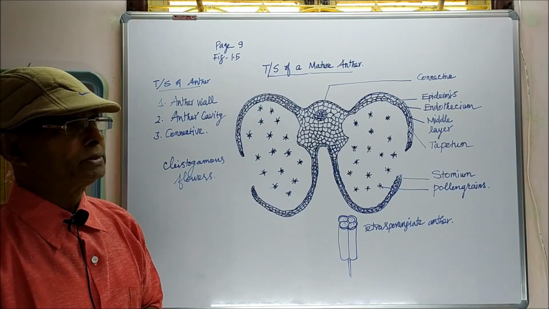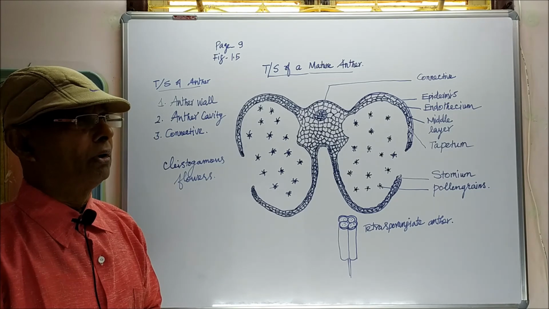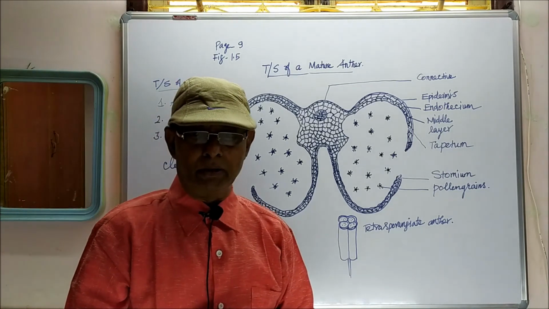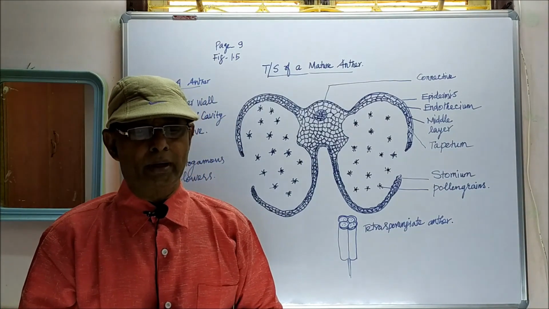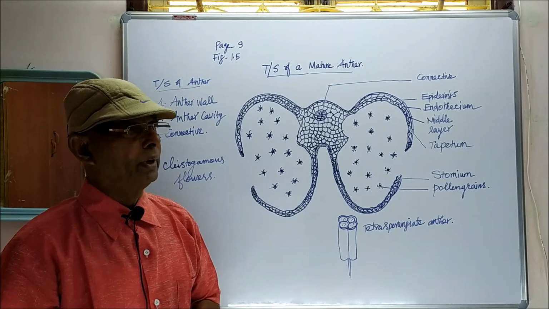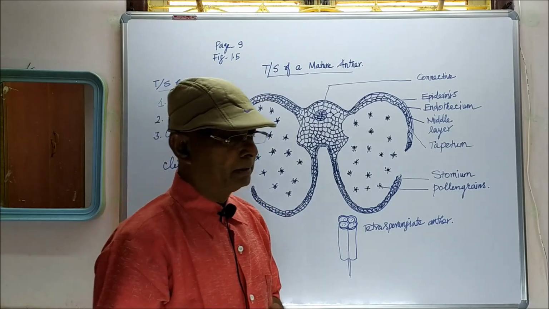In the tetrad stage, the pollen grains are formed in groups of 4. In the tetrad stage, the tapetum is seen very clearly. The structure of the tapetum, we will see in detail in the next class.